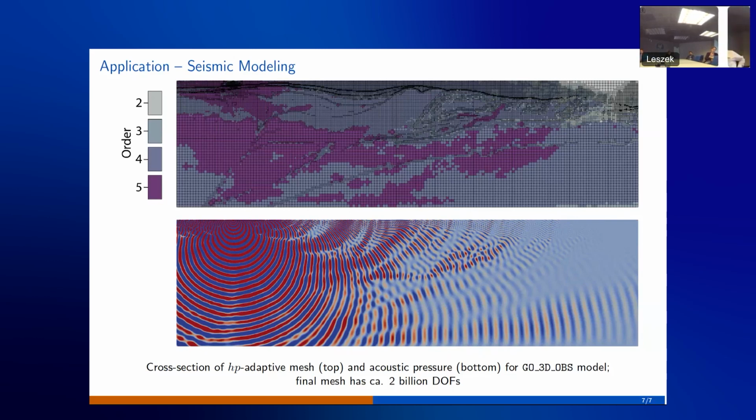So, in the context of wave propagation with high wave numbers, ultra-weak is absolutely critical. Because of very small diffusivity, it is not as good as for Helmholtz, but it's damn close.